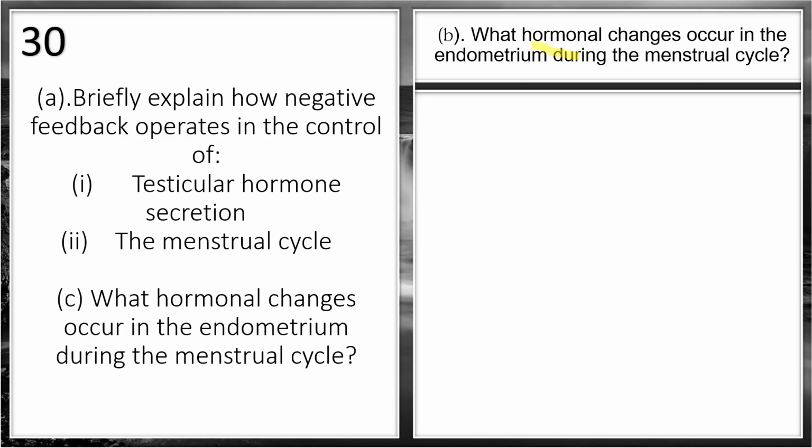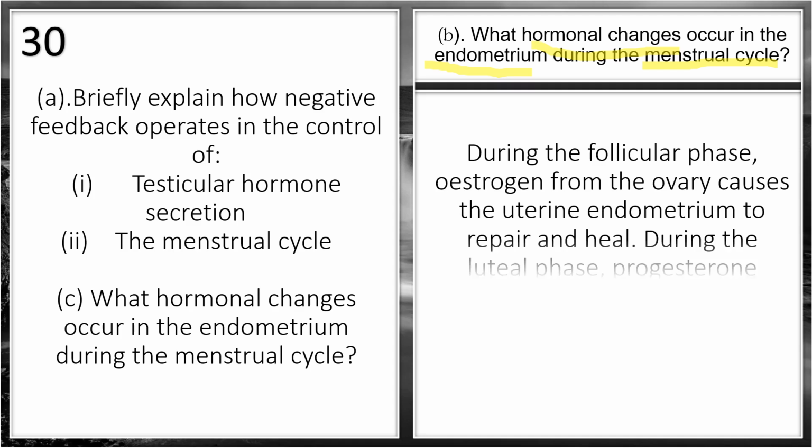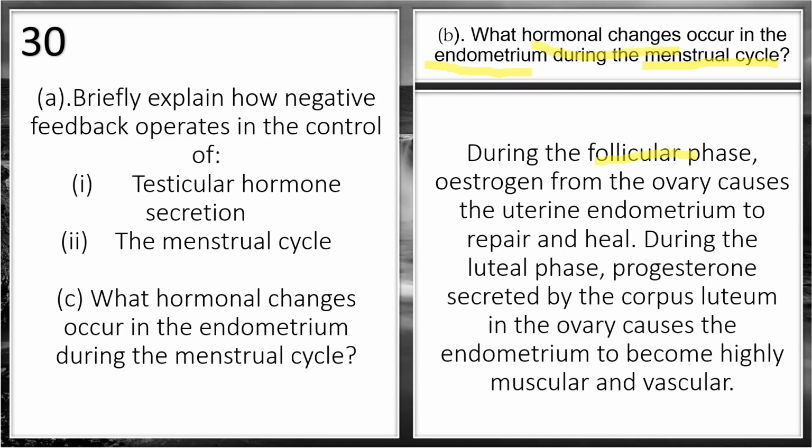What hormonal changes occur in the endometrium during the menstrual cycle? During follicular phase, estrogen from the ovary causes the uterine endometrium to repair and heal.